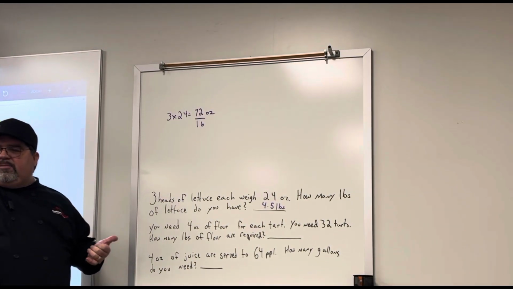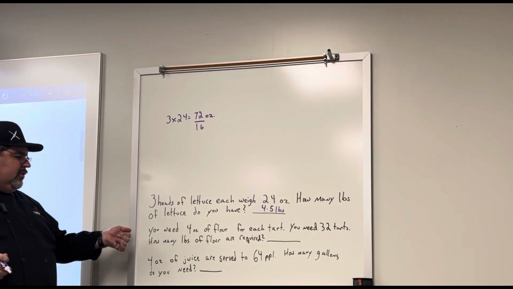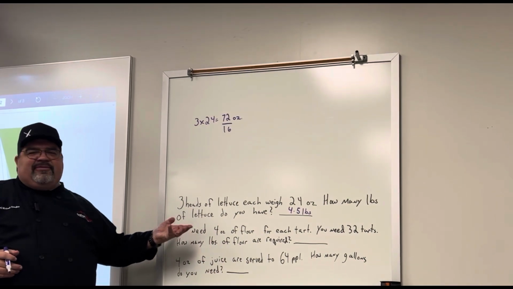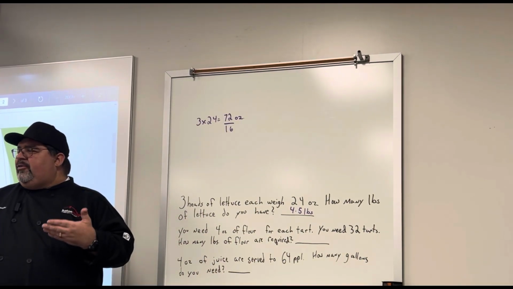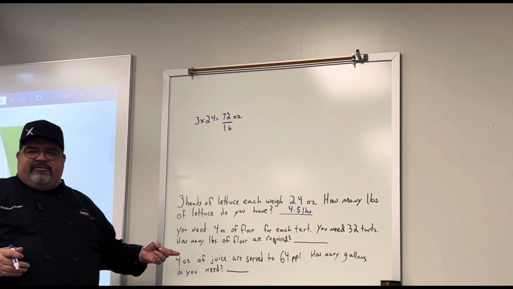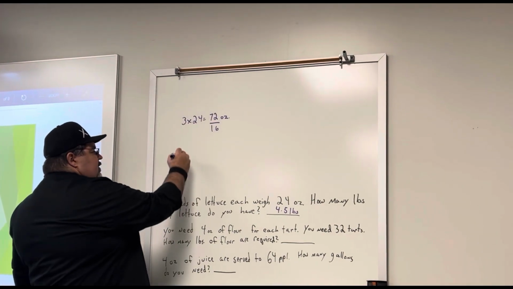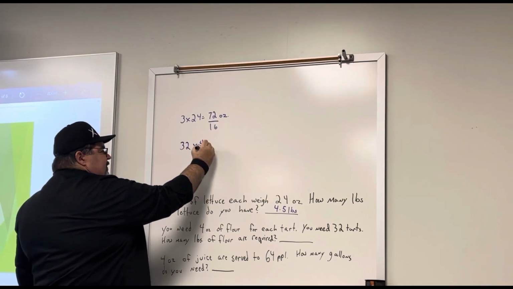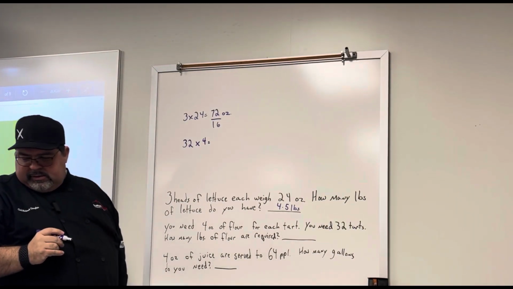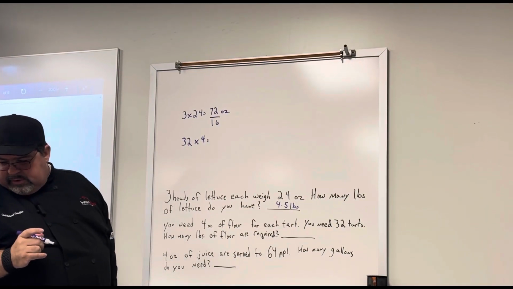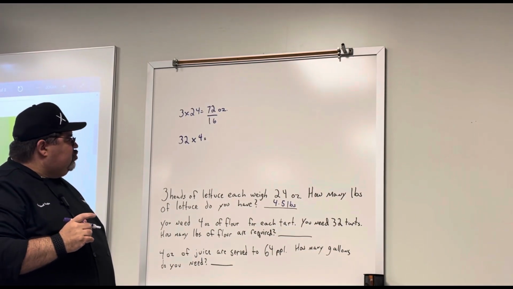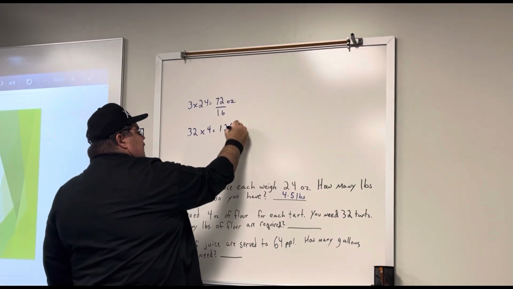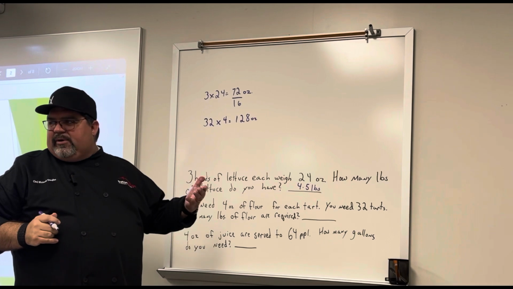Now this is another common one that we may find in the world of baking. Each tart that we're going to make requires 4 ounces of flour. We're going to make 32 tarts. How many pounds of flour do we need? So we're going to take 32 times 4 ounces, and that's going to give us 128 ounces of flour.